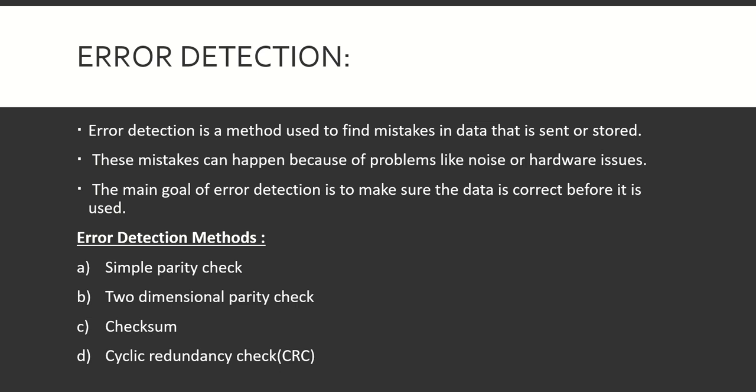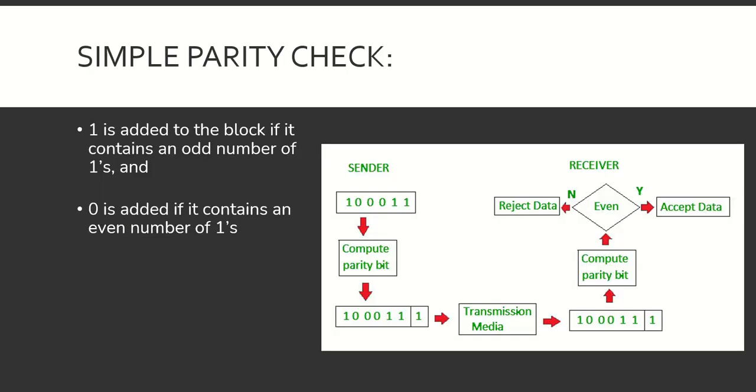First one is a simple parity check. Simple parity check is a simple error detection method that involves adding an extra bit to a data transmission. It works as follows: a 1 is added to a block if it contains an odd number of 1s, and a 0 is added if it contains an even number of ones.